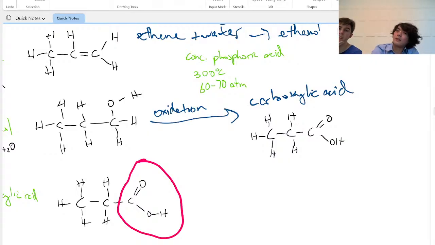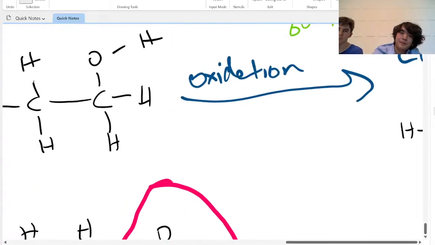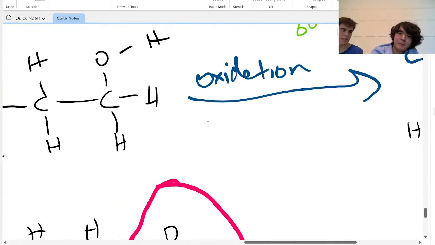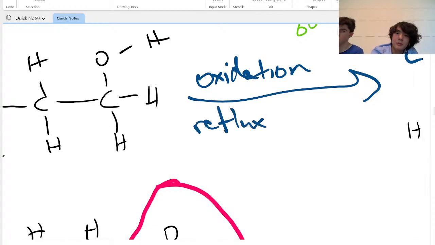And you need a reagent for this. The conditions are that you need to be in a reflux environment, which just means a closed environment, and you need acidified potassium dichromate.